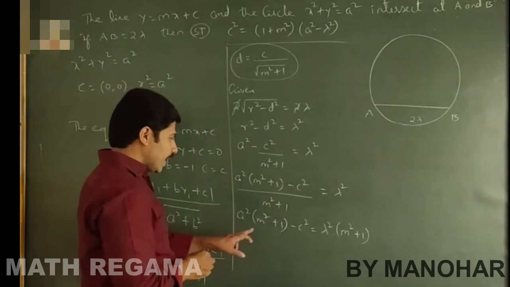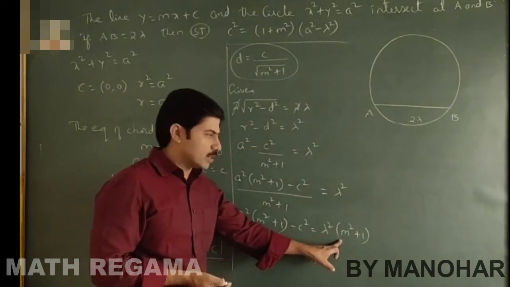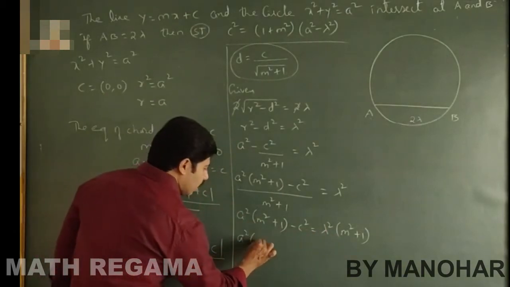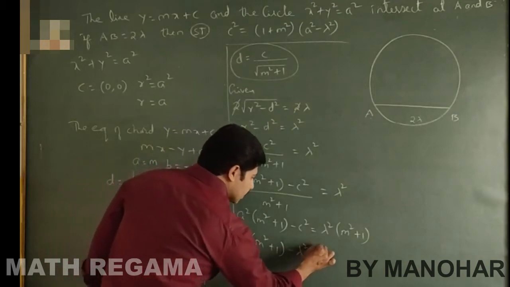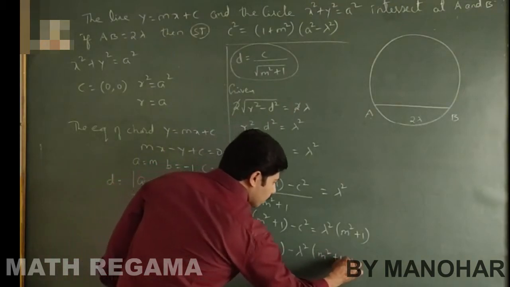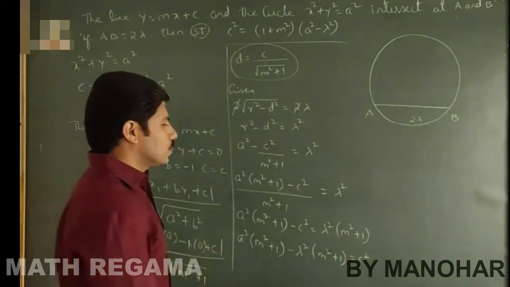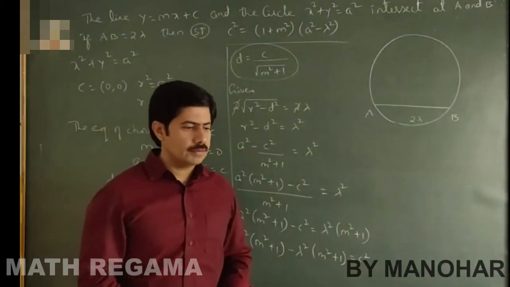Now we bring together a square into m square plus 1 and lambda square into m square plus 1, that means transpose on the left side. a square into m square plus 1 minus lambda square into m square plus 1 is equal to c square. So now we can take m square plus 1 common.